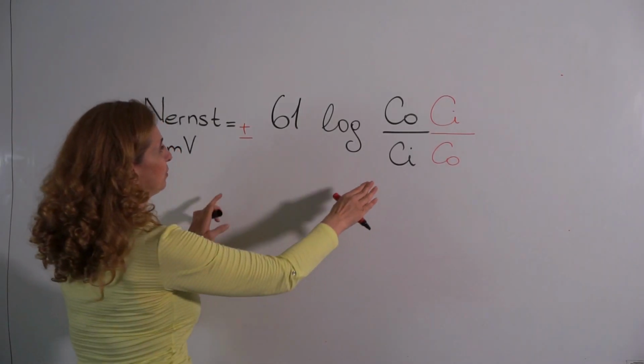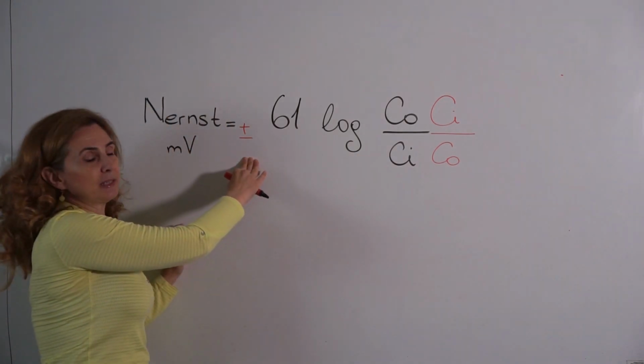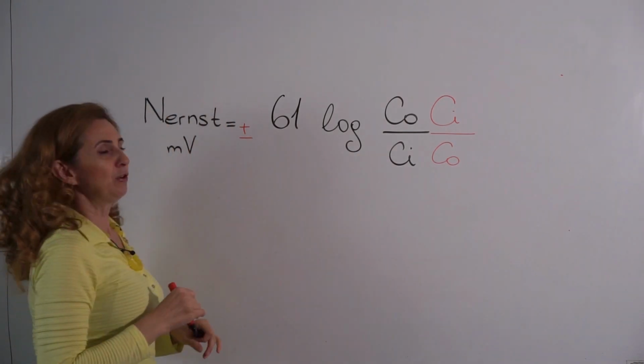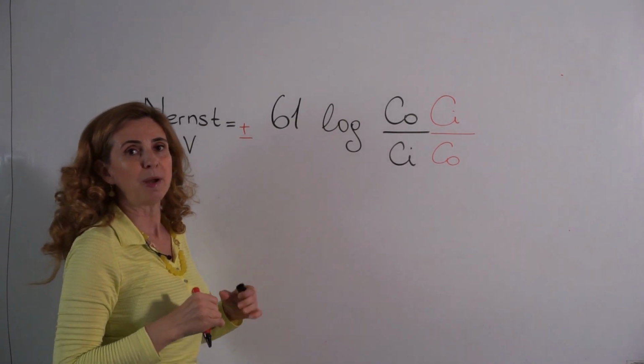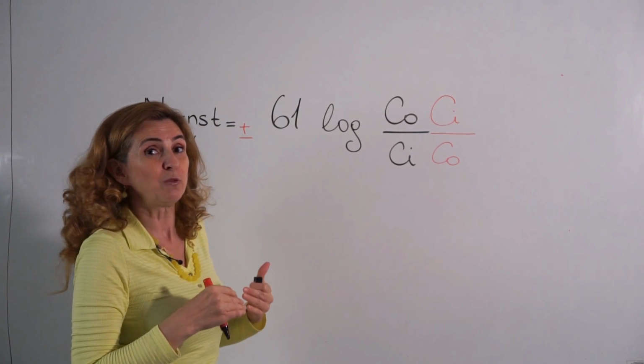Now we can concentrate on how this ratio is related to the plus minus signs there. I want to work on this by using the Nernst potential of potassium in a backwards manner.